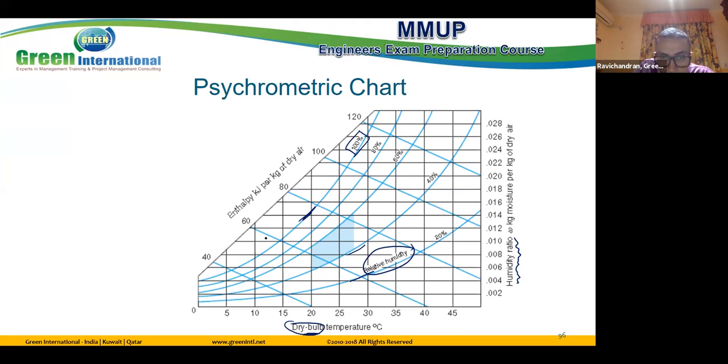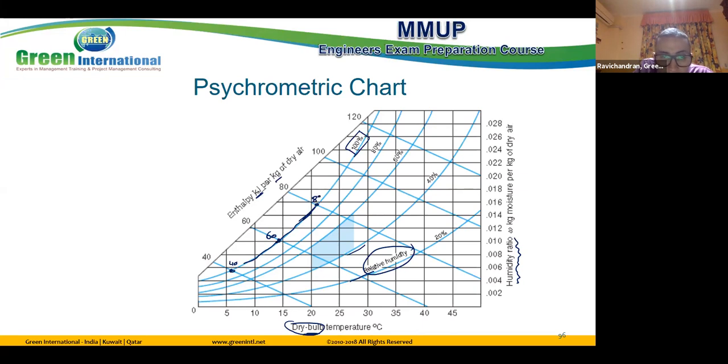But this line refers to 60, correct? 60 what? 60 energy, kilojoule per kilogram. The line ends here. Here 40, here 80.